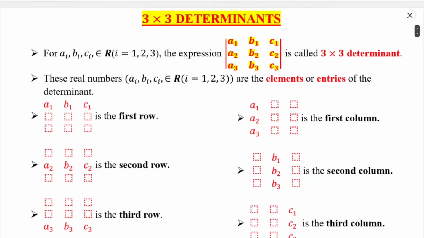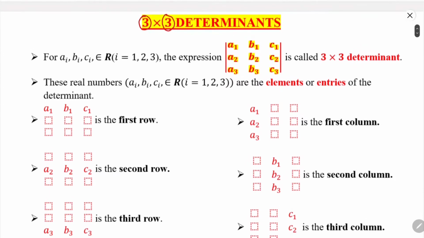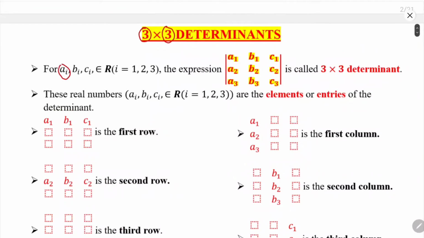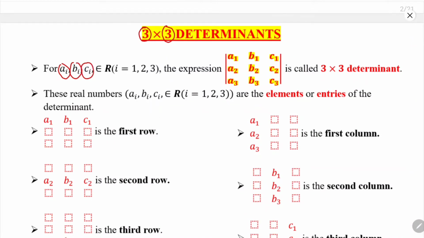This is third order determinant. We call this a third order determinant too. So in this there are 3 rows and 3 columns, right? As well as 3 into 3, 9 elements or 9 entries, right? So here ai, bi and ci, where i equals 1, 2, 3.